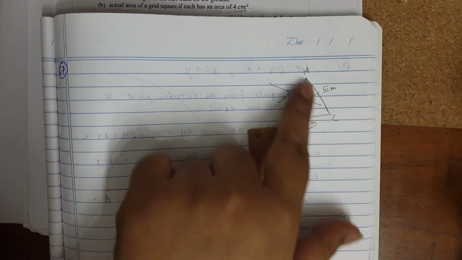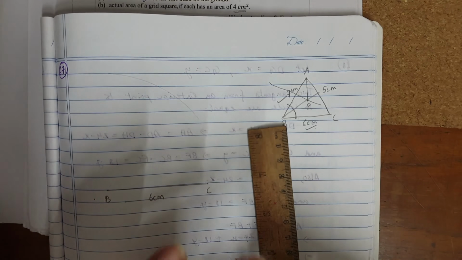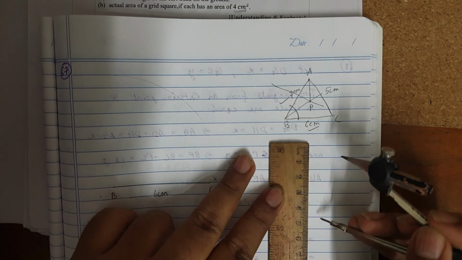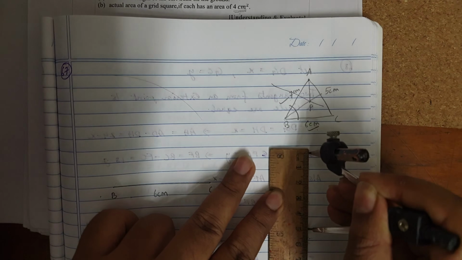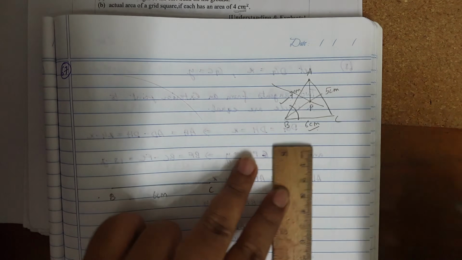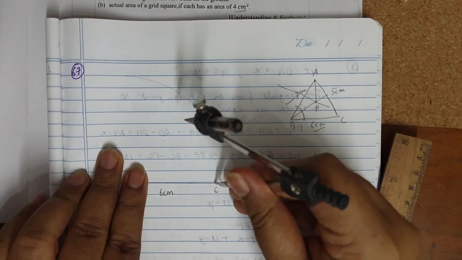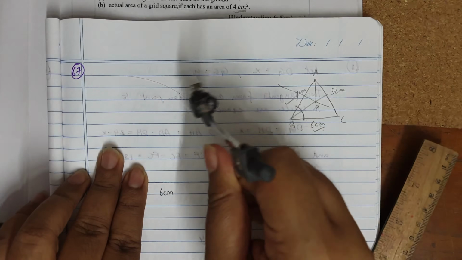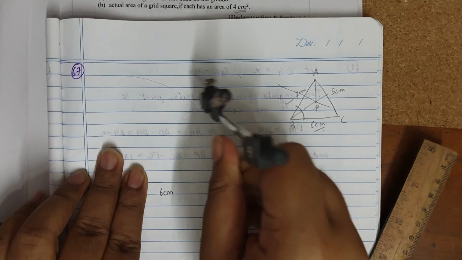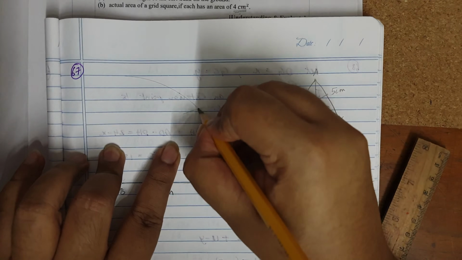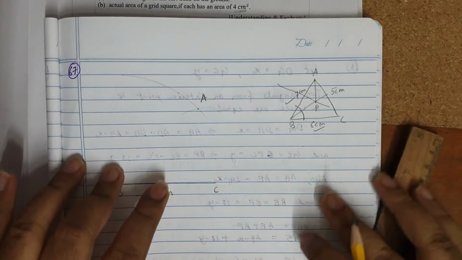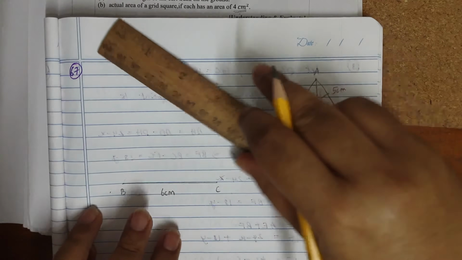And then the other side is CA 5 centimeter. So I'll take a length of 5 centimeter and center at point C. I will try to cut the previous arc. So I get the point of intersection. So that point is point A. So I have to join AB.